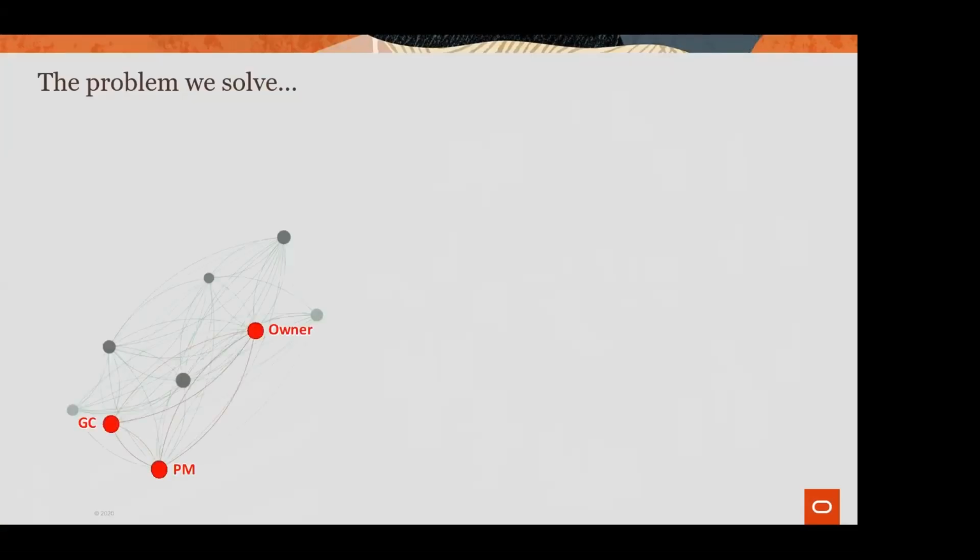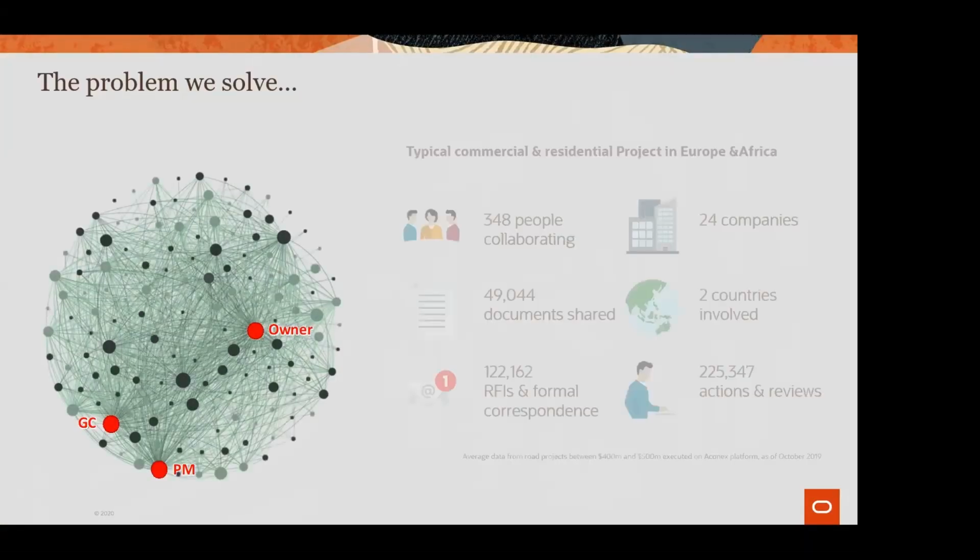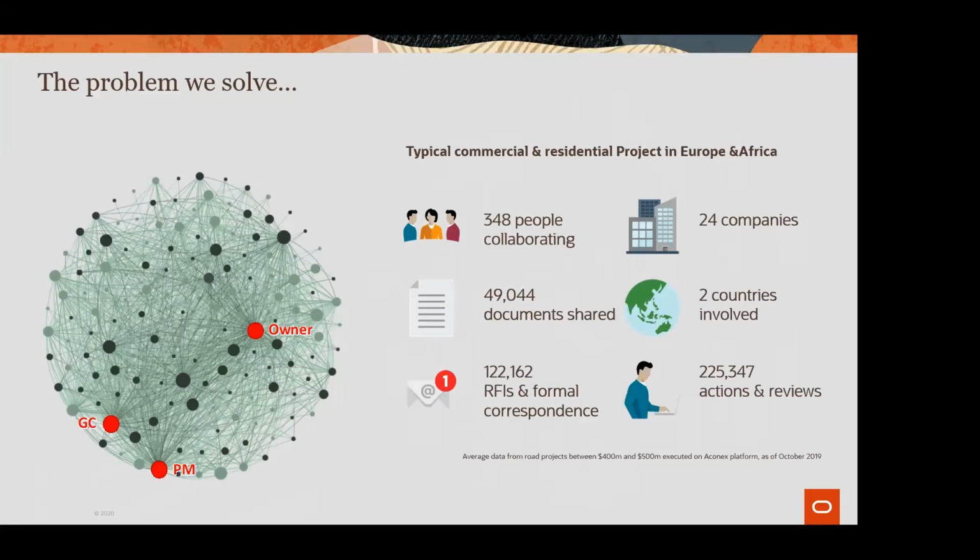The problem we solve with our product Aconex is related to the amount of data that is generated during projects. For instance, here in Africa or in Europe and Africa, a big project like the ones we are doing across the African continent, you'll find that there are 348 people collaborating on a single project.